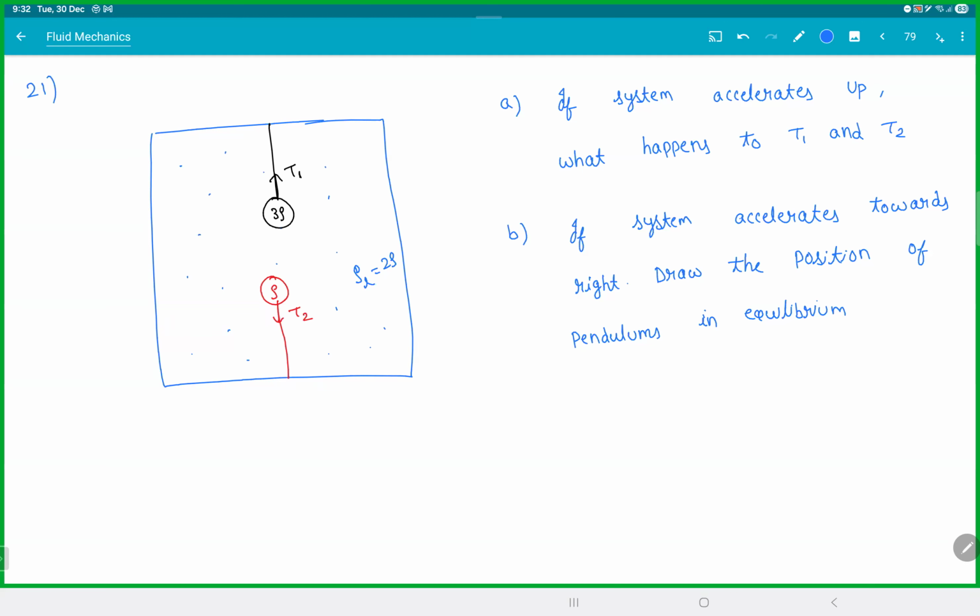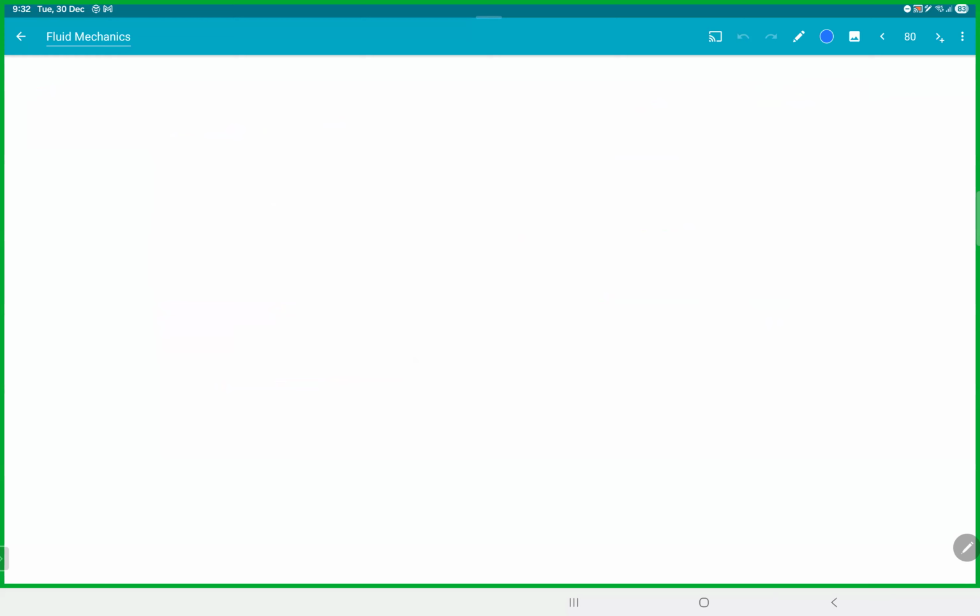Now, understand one thing. Initially, the forces are not balanced. If you look at that black ball, we have T1, mg, and the buoyant force. So your T1 will be mg minus buoyant force. Your mg will be 3 rho Vg minus buoyant force which is 2 rho Vg.